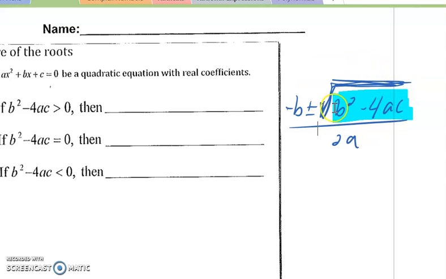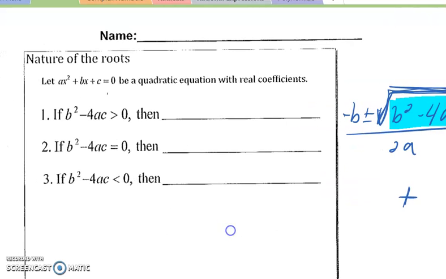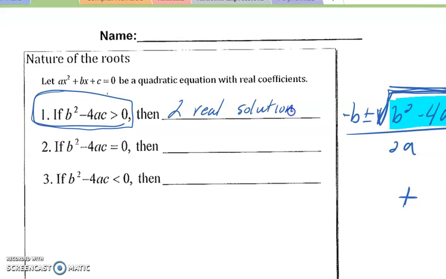So if inside here is a positive number, which means back here a value greater than 0, then there is two real solutions. Okay? And you should know that. And we already discussed this.